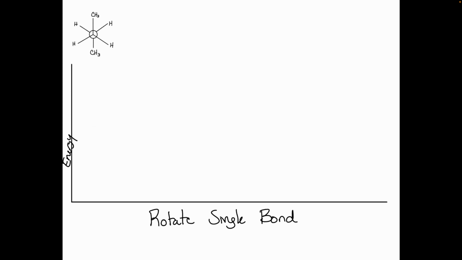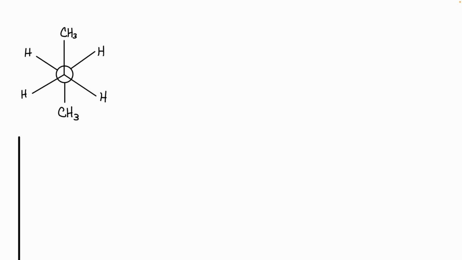All right, so we're starting out in our staggered conformation here. With the two methyl groups on opposite sides, this is what we call our staggered conformation.